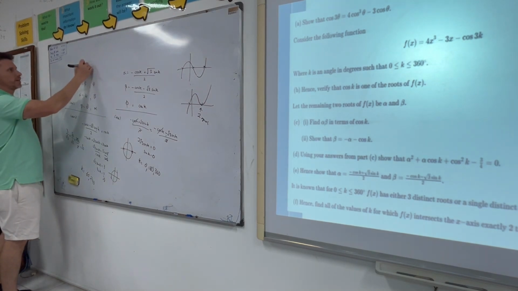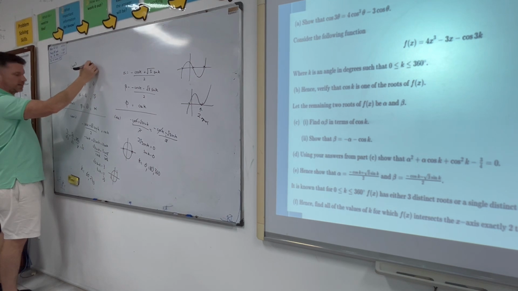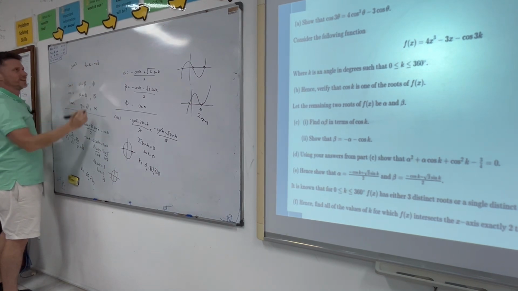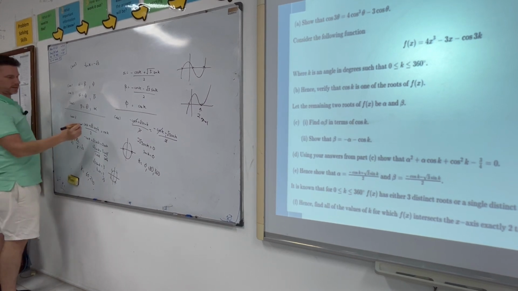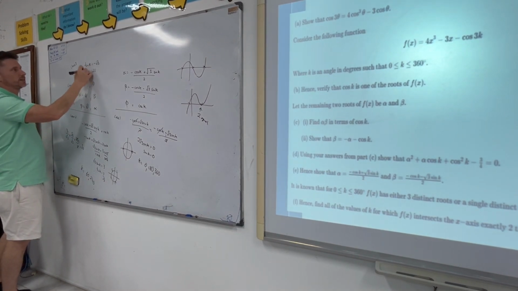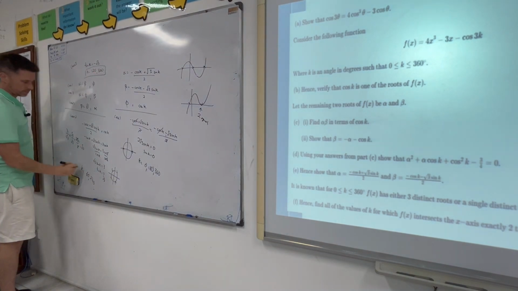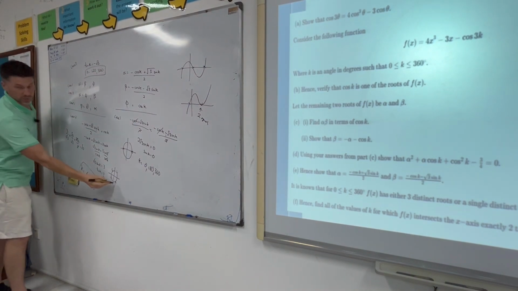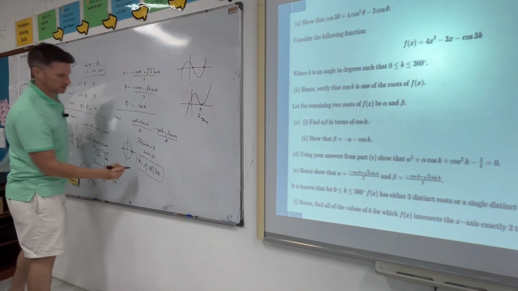So for case 3, if you want to do it quickly, tan k is negative root 3. So that's the other two: 120 and 300. Yeah. Okay. And that is your 8 marks.